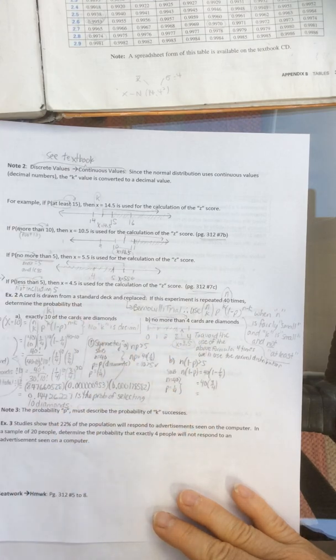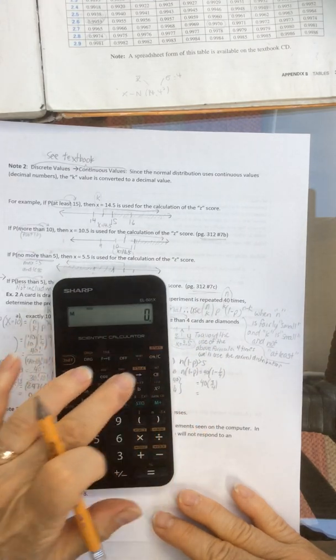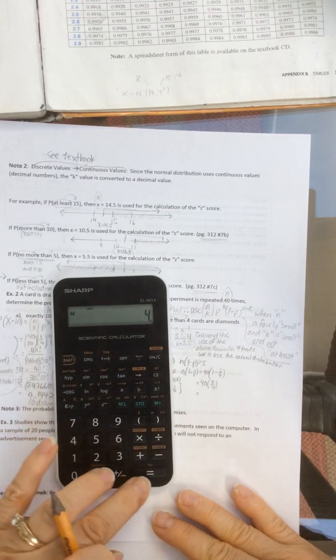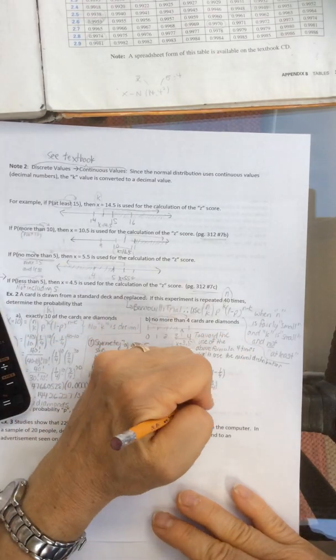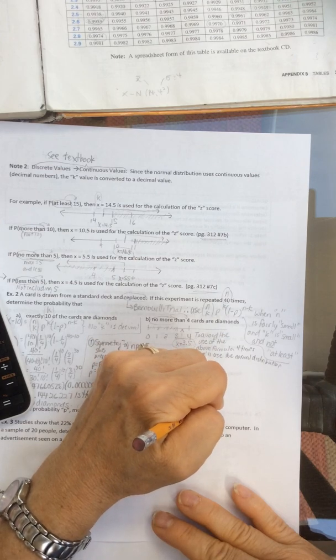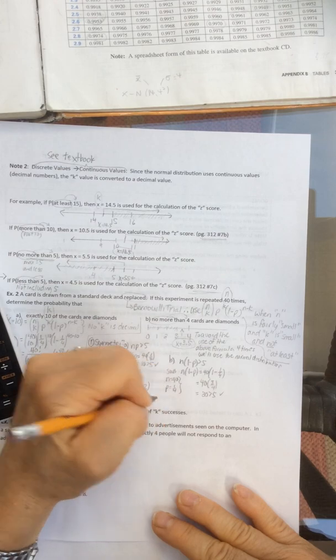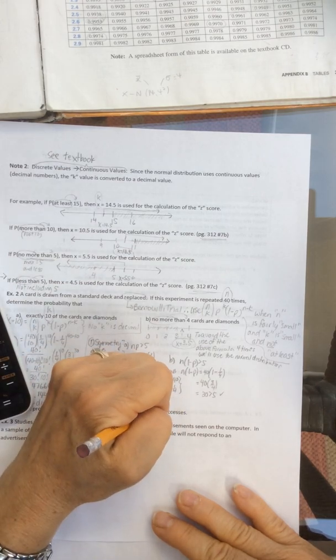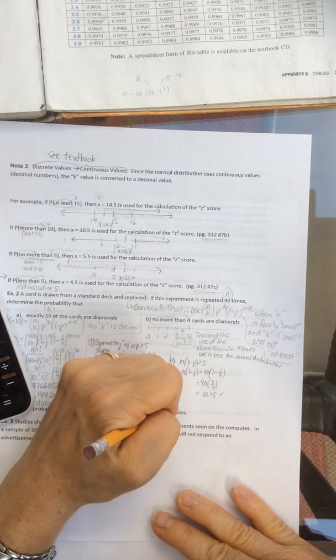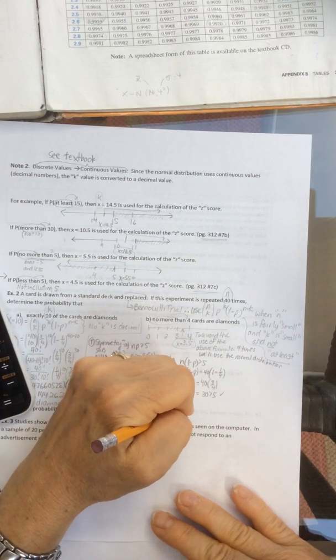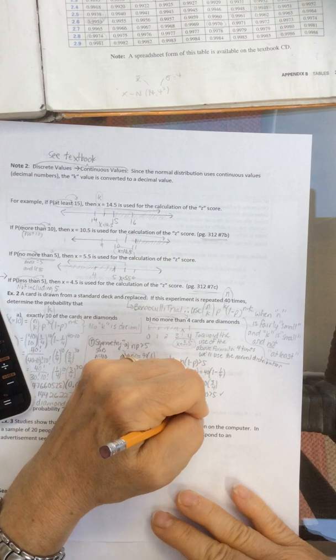If I take 3/4 of 40, that should be 30, but we can check. 40 times 3 divided by 4 is 30, which is greater than 5. So that's a check there. Therefore the probability is symmetrical.